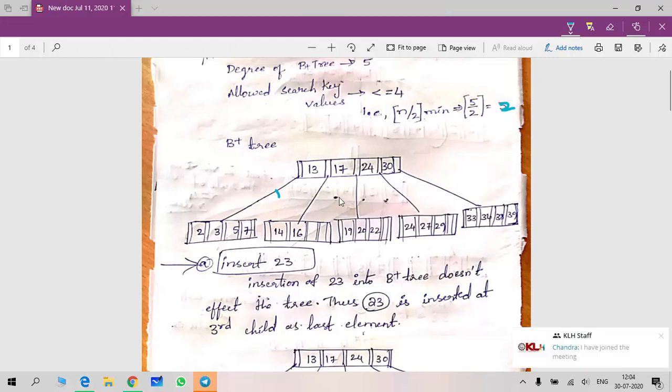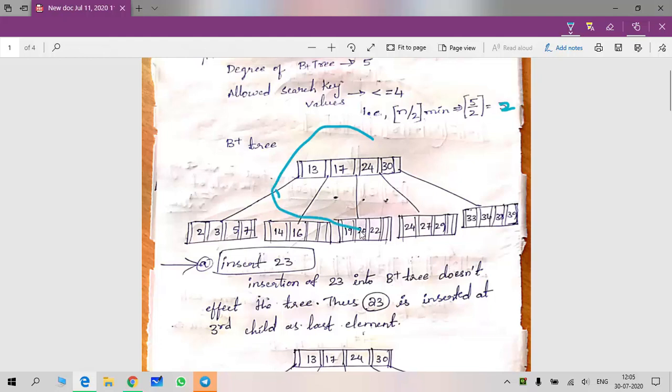Okay, let us now consider a B plus tree having the existing tree as shown here. So this is the existing B plus tree we have. Now let us try to insert 23 into the B plus tree. While inserting 23, check where it belongs.